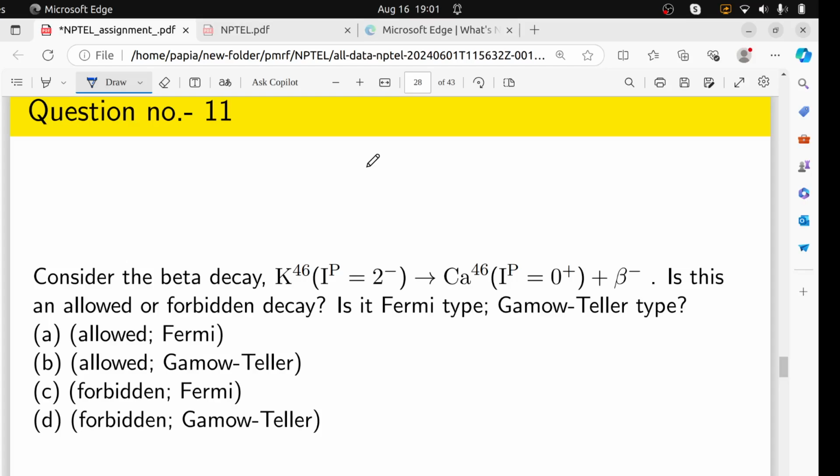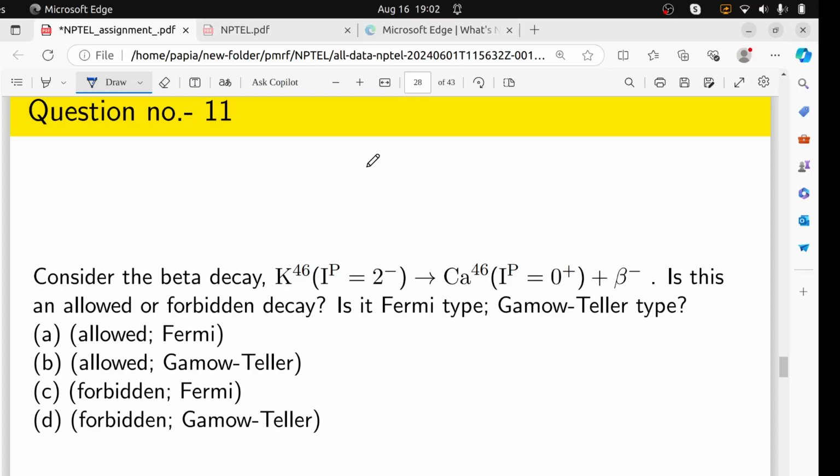In that table you can understand all these 4 or 5 types of decays in one frame. Let's say what is the condition for allowed decay, for forbidden decay, for Fermi type decay, and for Gamow-Teller type decay. I have a table where I have mentioned all these things in a compact form. So just see the table, and we need to understand the question from the table.